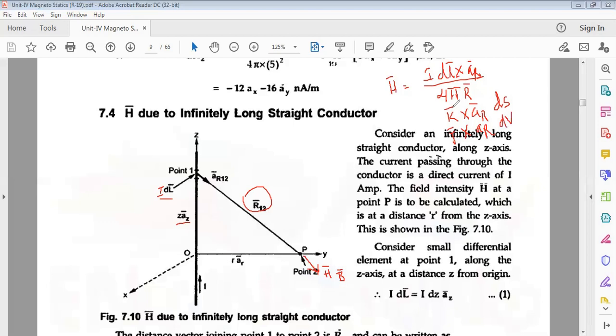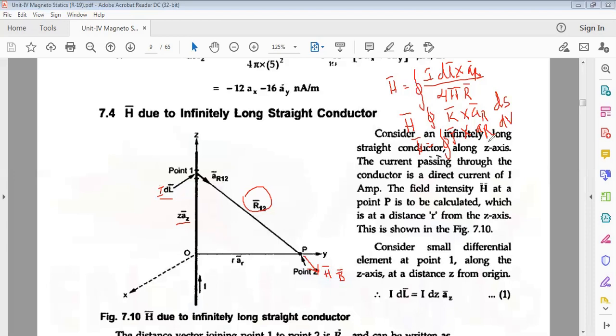The volume charge gives a volume integral, the surface charge a surface integral, and this one is for the line integral.